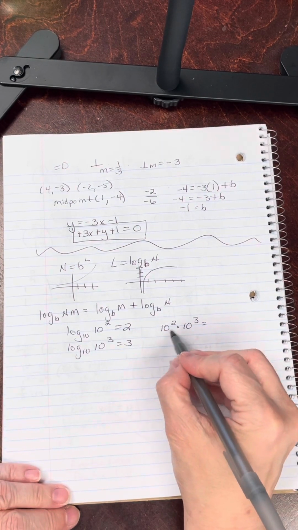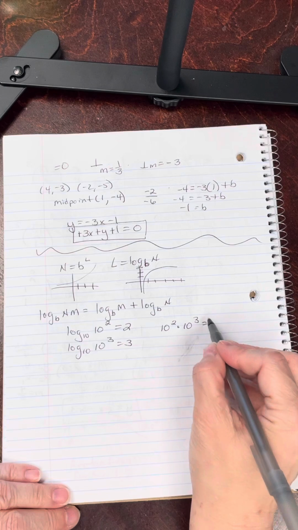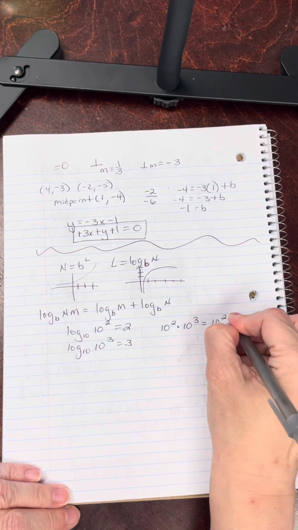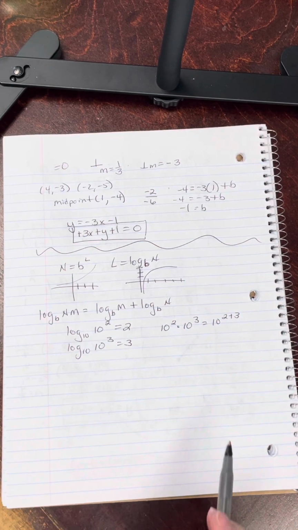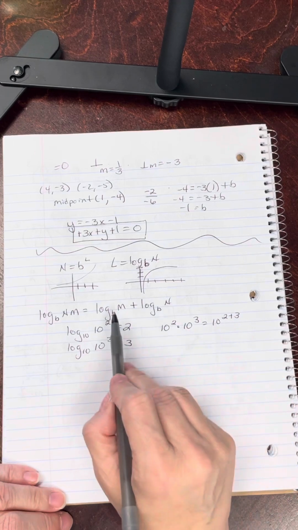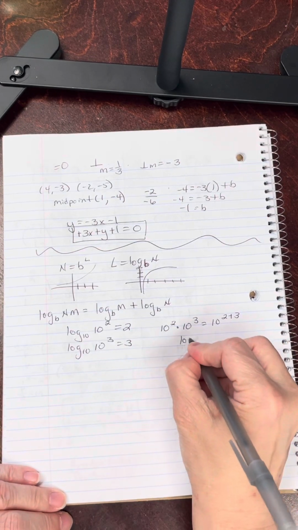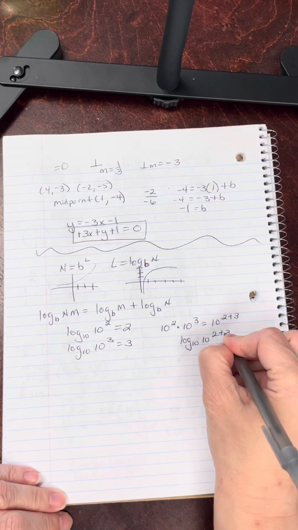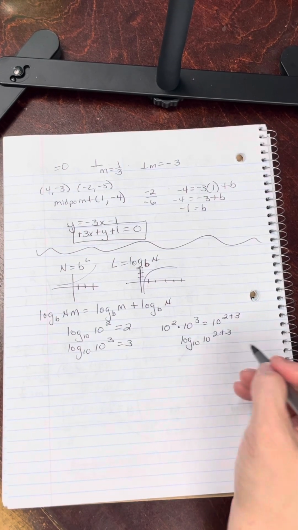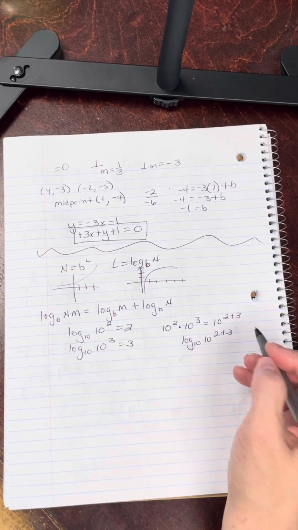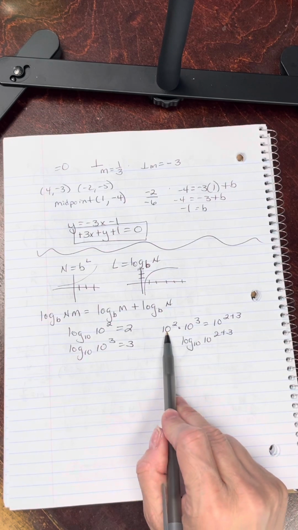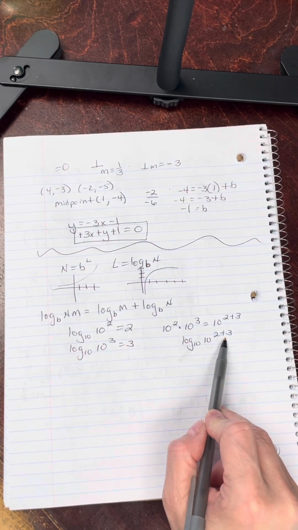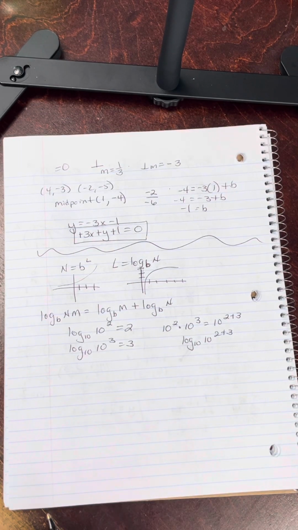Well, when we multiply bases, we add exponents. So this is 2 plus 3. And if you turn that into the statement with log base 10 of 10 to the 2 plus 3, you're killing these off and you're keeping that 2 plus 3. So it started as a multiply, it ends with addition. That's the proof there that that works.